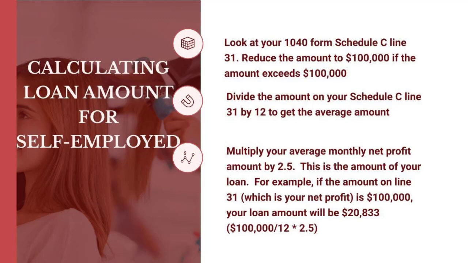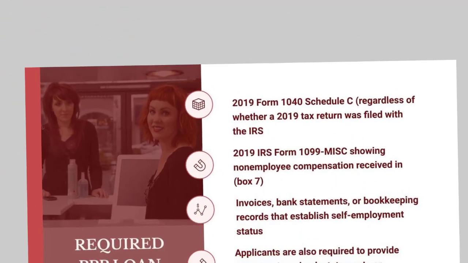How that is calculated is you take the $100,000, you divide it by 12, and then whatever the result is, you multiply it by 2.5, and that gives you the $20,833. So that is what is going to be your loan amount.